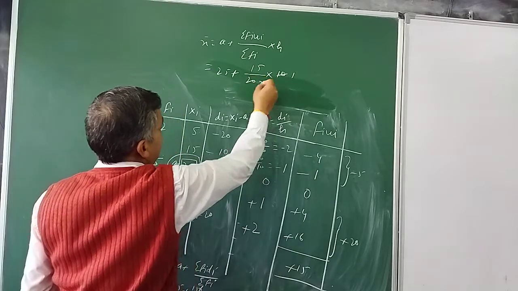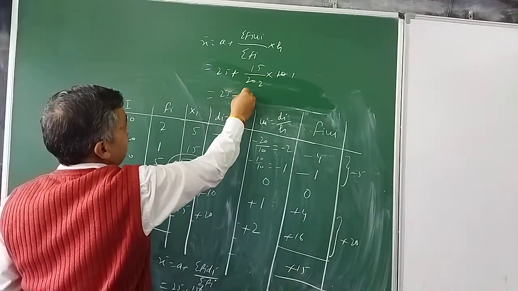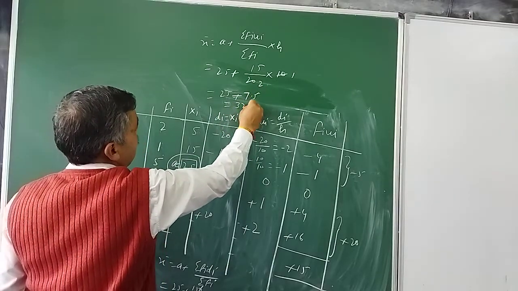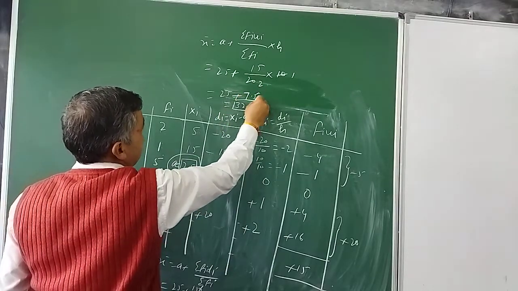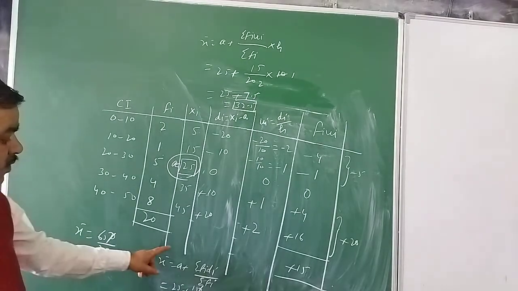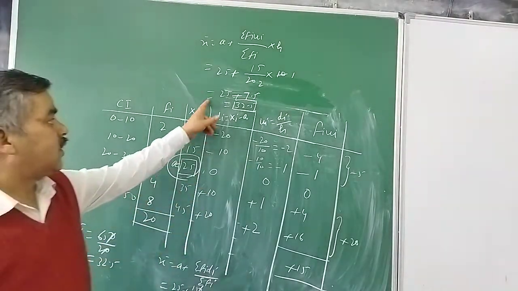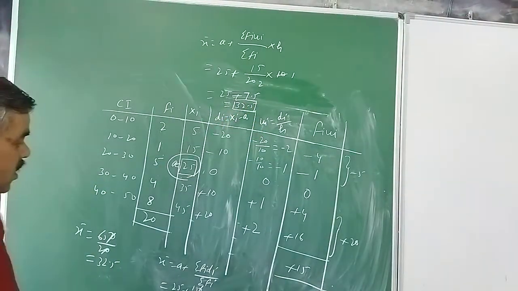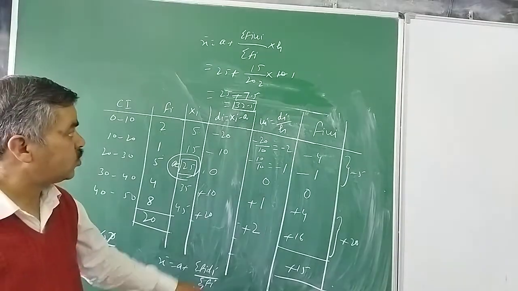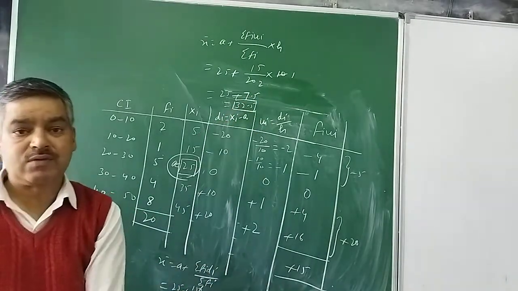So 25 plus 15 upon 2 will be 7.5. Again we are reaching 32.5. Whether that was the direct method, the deviation method or the step deviation method, everywhere your answer is coming 32.5.